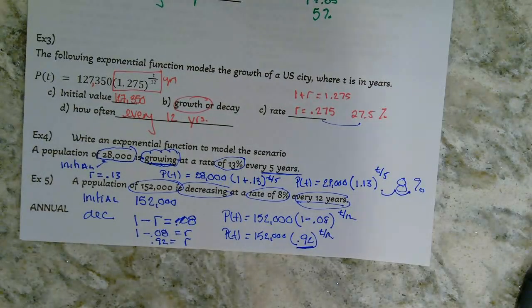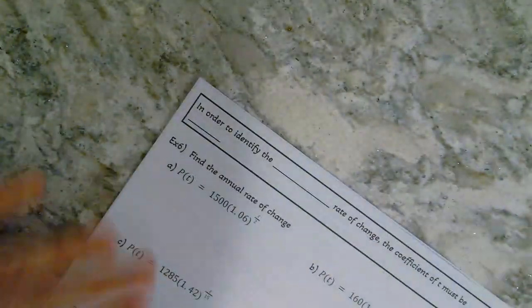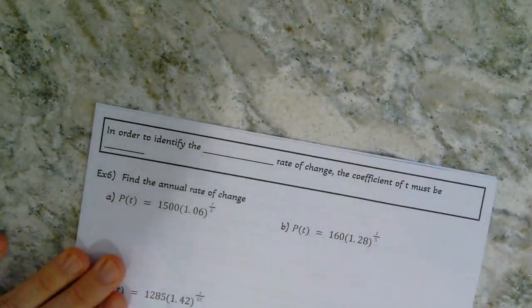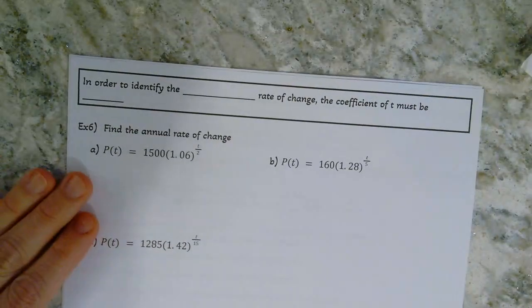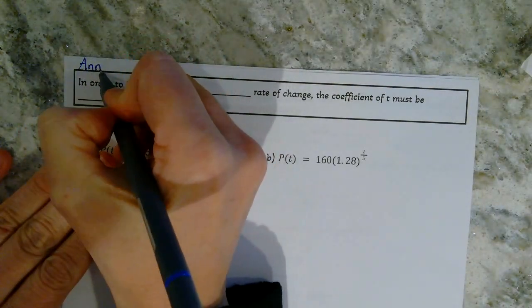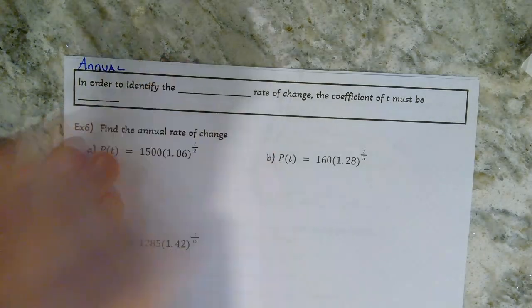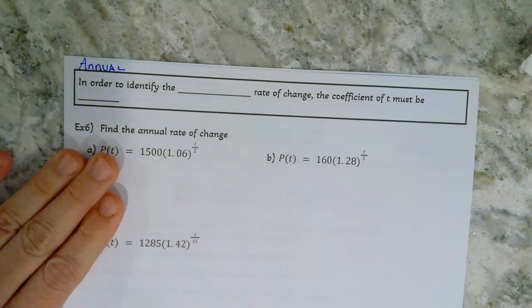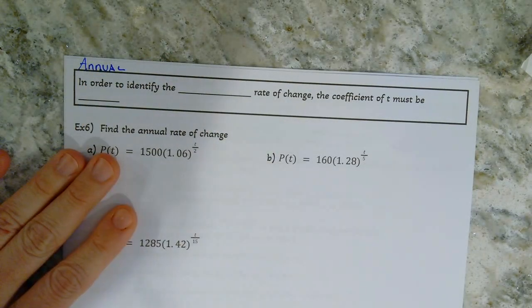Okay, now that was kind of a recap of what we've been talking about. We are on to this big word of annual. Okay, annual. What does the word annual, I think it's on the top of your paper. It must have just jumped to the bottom of mine. The word annual means how many. That is the question of the day.